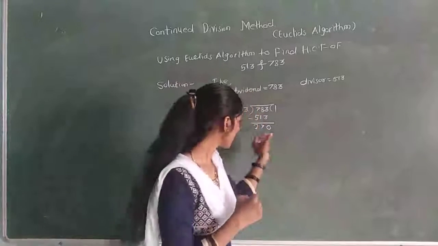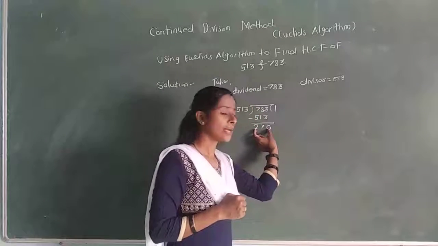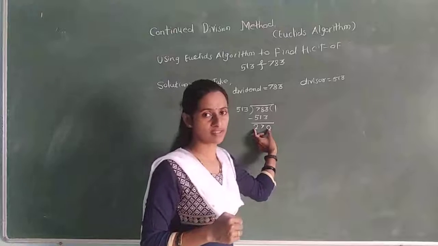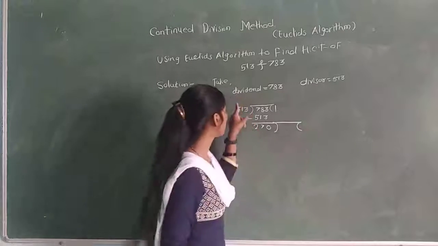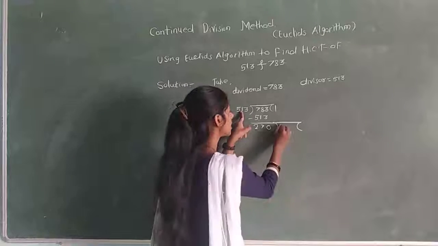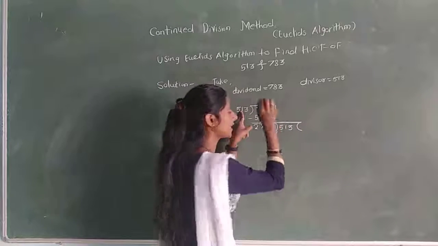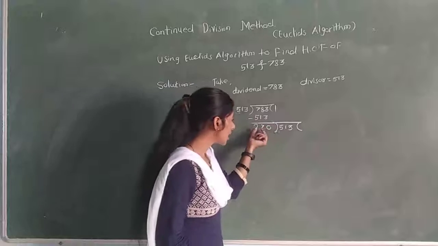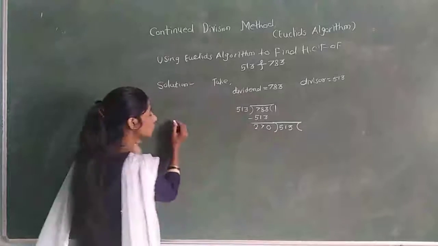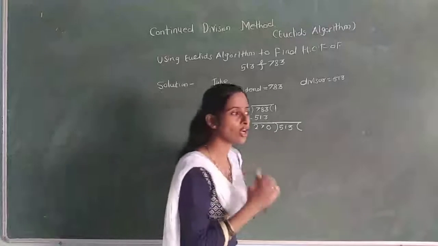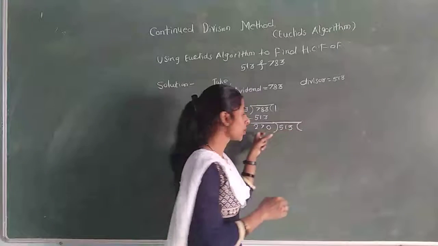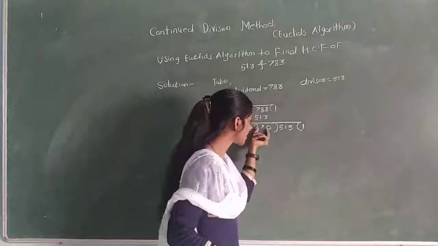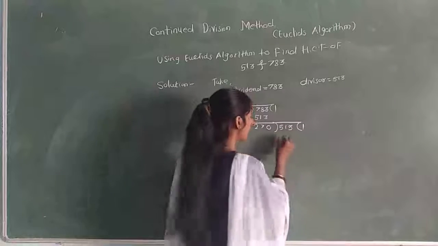Take the remainder as a new divisor, and the previous divisor as the dividend. Clear? That is 513. Now the same kind of division. 270 into 2 is 540, which is greater than the dividend. So 270 ones are 270.